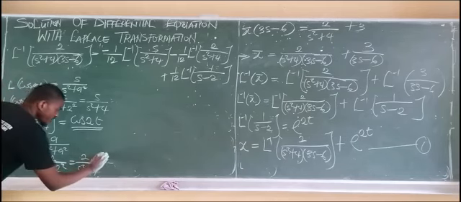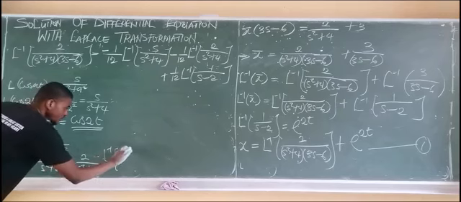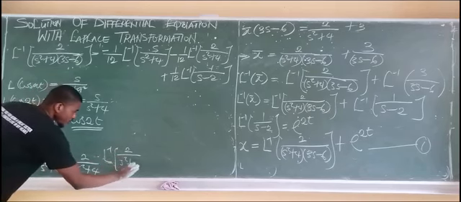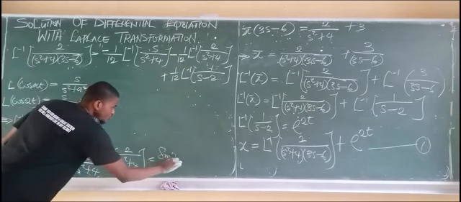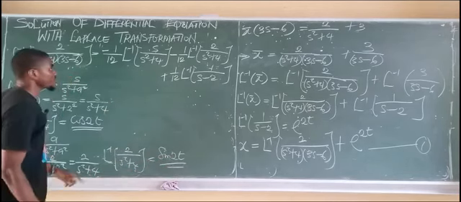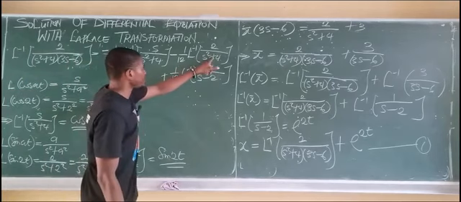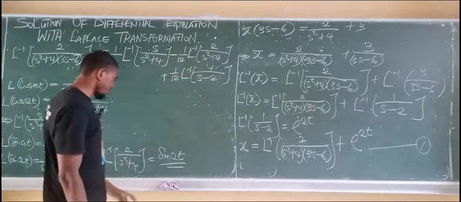So this simply means that if I'm looking for the Laplace inverse of 2 over s squared plus 4, automatically it should give me what? Sine 2t. So which means this part is solved. The Laplace inverse of 2 over s squared plus 4 is simply sine 2t.